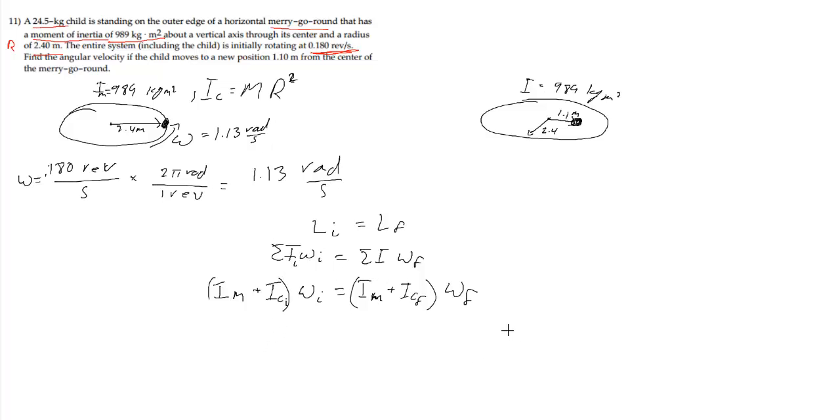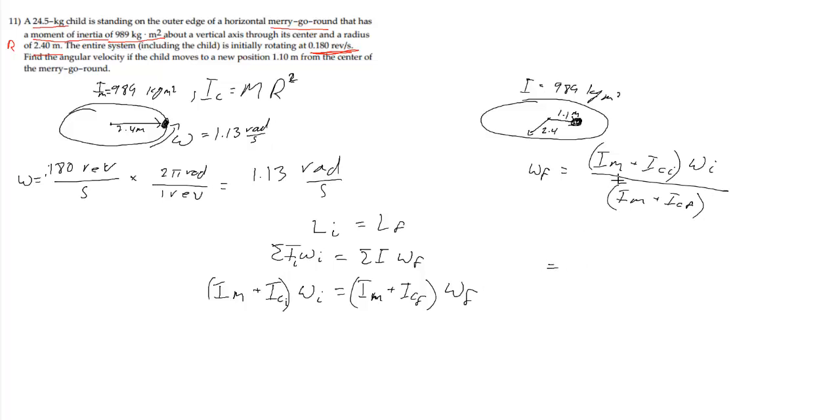So we are looking for omega final of both the child and the merry-go-round, since they will have the same omega final. So omega final is equal to I_M plus I_C initial, times omega initial, over I merry-go-round plus I child final.